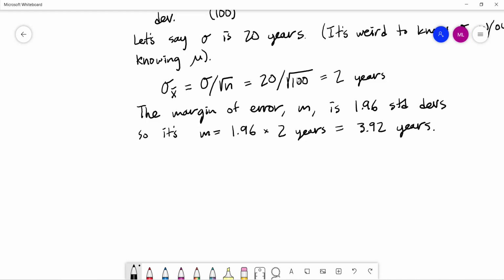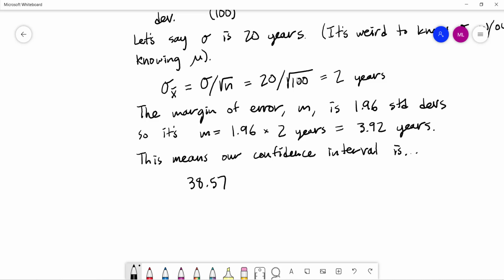This means, now that we've found our margin of error, that our confidence interval is that we think the true value of mu is 38.57 plus or minus 3.92 years.